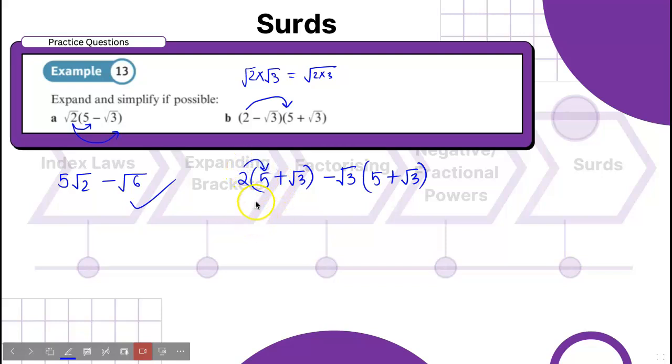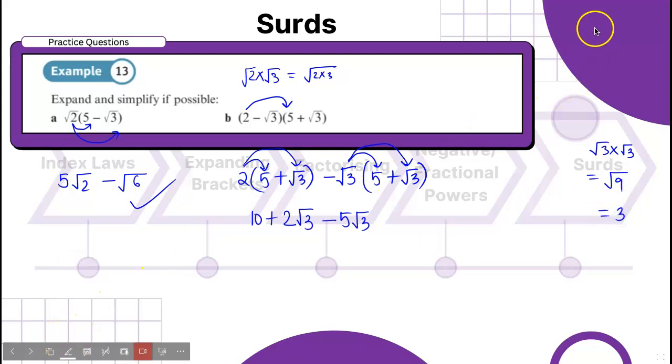So 2 times 5 is 10, plus 2 times root 3 gives us 2 root 3, minus root 3 times 5 gives us minus 5 root 3, minus root 3 times root 3. Root 3 times root 3 is nothing but root 9. That gives us 3.